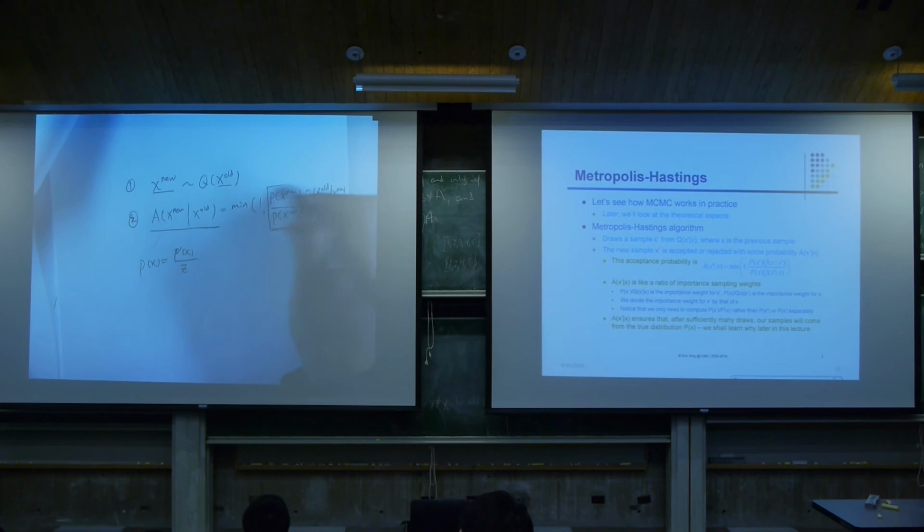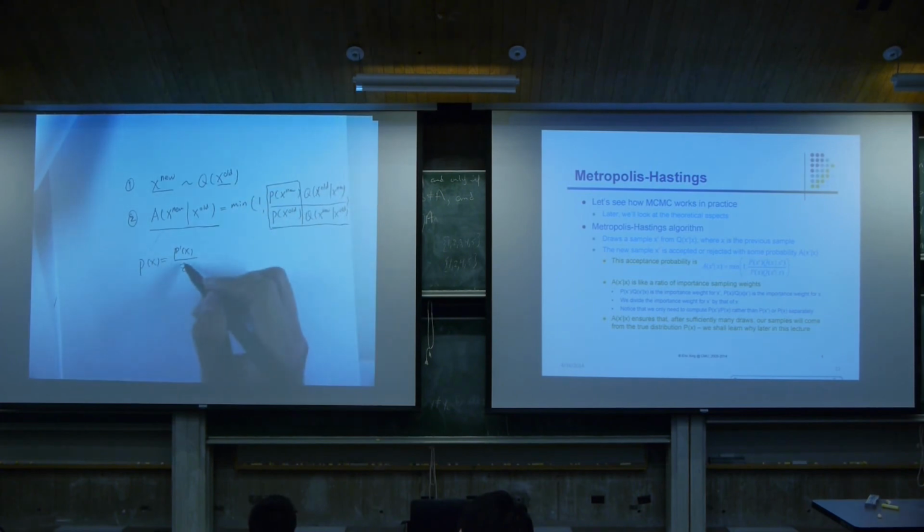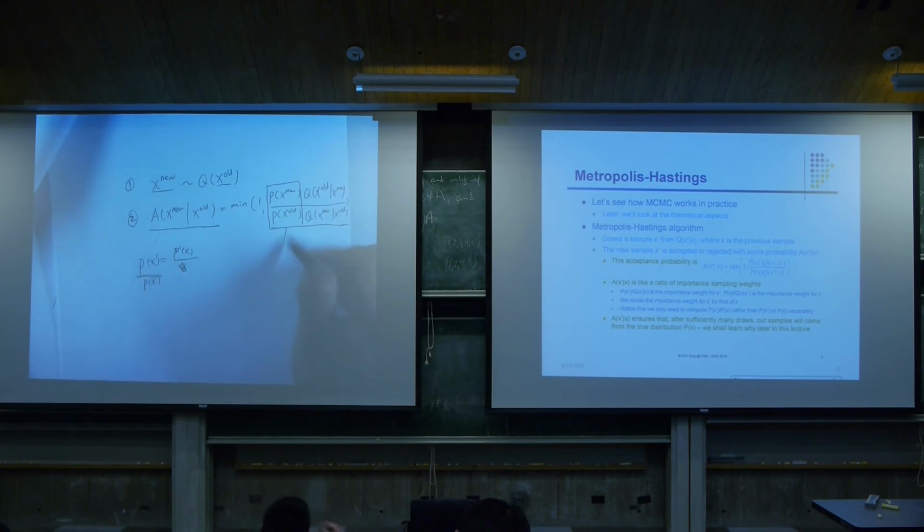Look at here, it's a ratio, so you can cancel the partition function in P(x new) and P(x old). If you do the ratio between them, this actually becomes P'(x new) over P'(x old). And the P' is easy to evaluate.